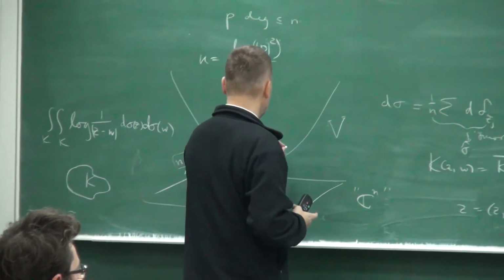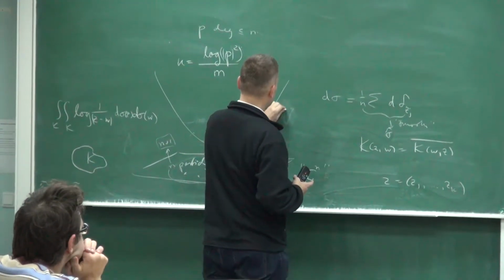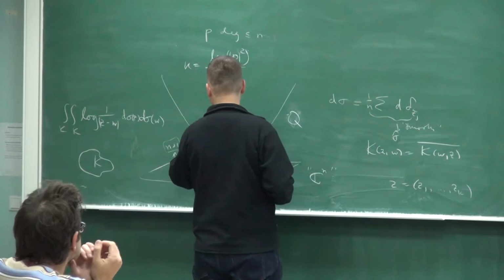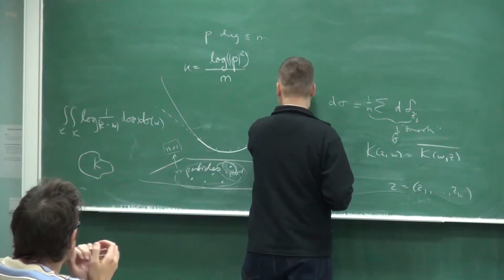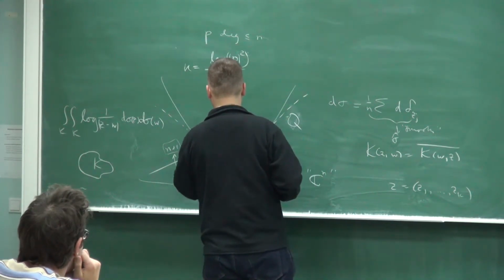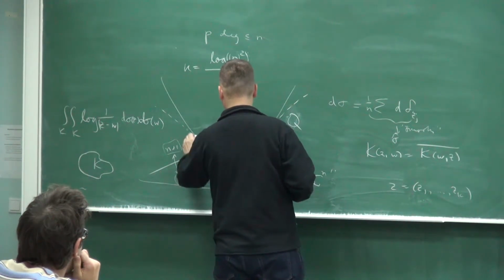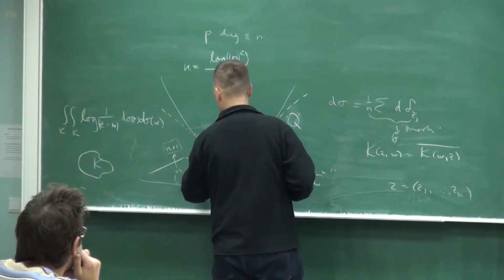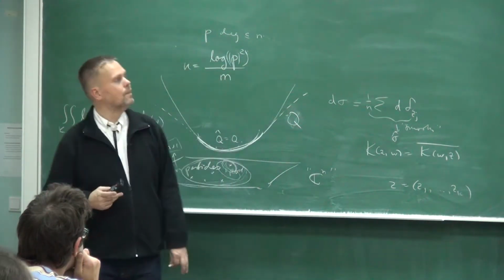So what will happen here in this model is, if I draw here instead q, then there will be some region where q hat is equal to q. That region is the region where the particles live.